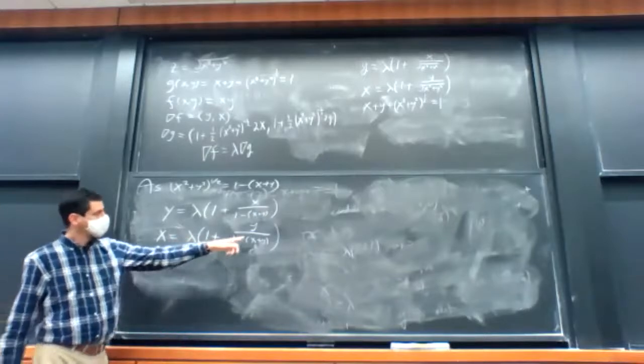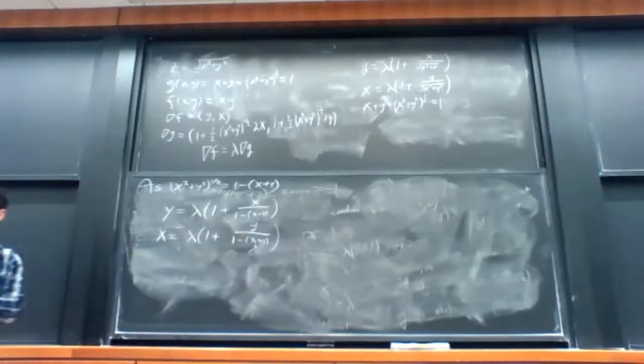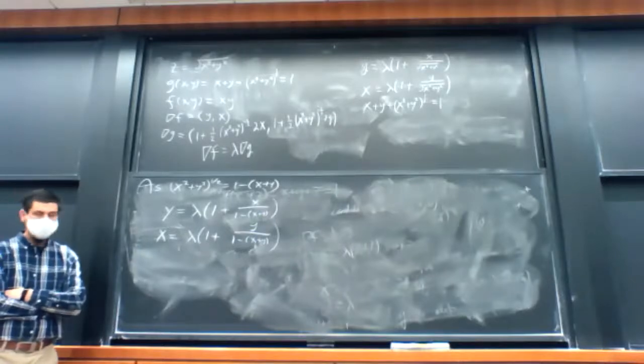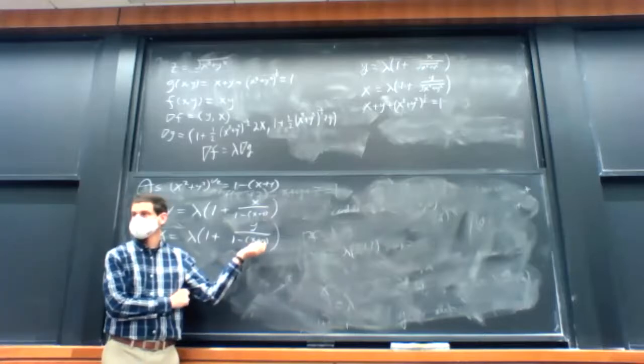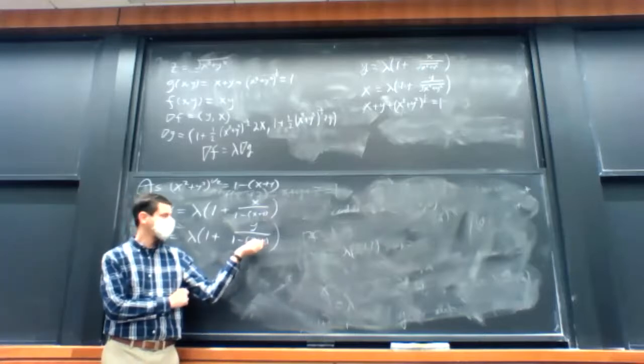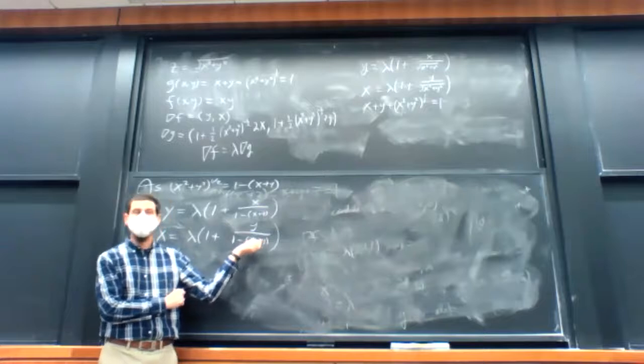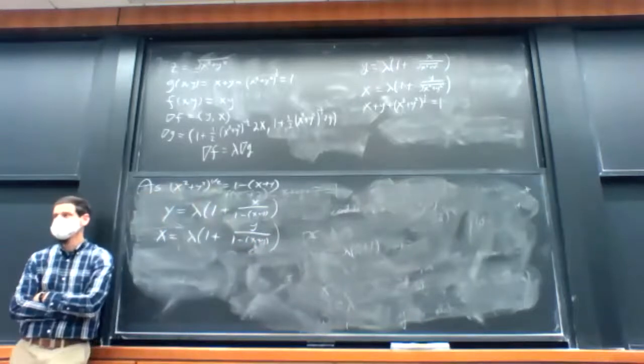So we know lambda is not 0. Is it possible that one of these could be 0? How large can x plus y be? Can x plus y be as large as 1? The whole perimeter is 1.